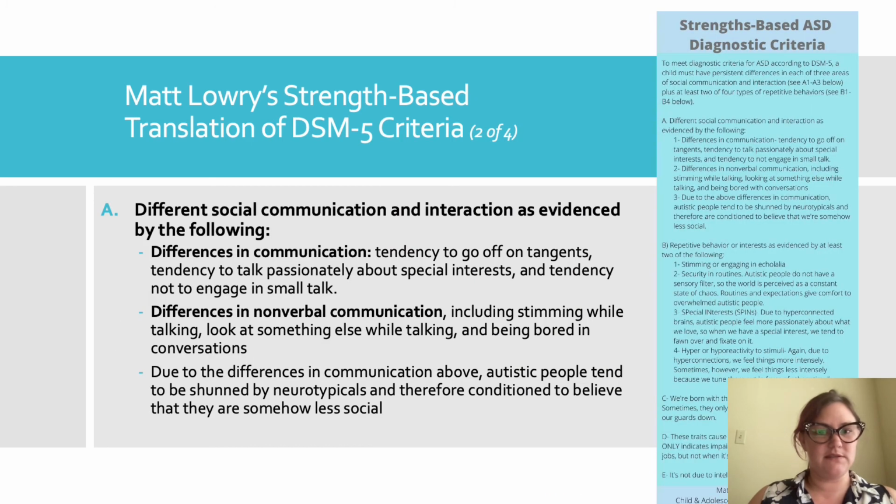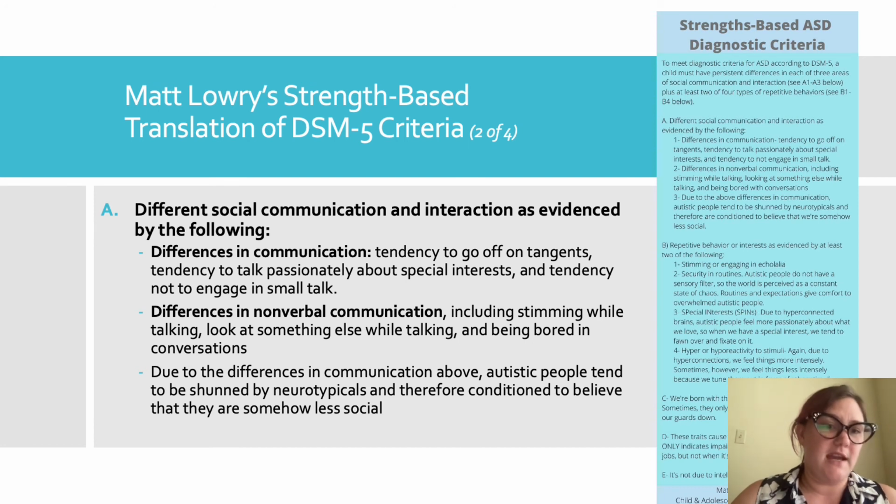So let's look at what Matt has come up with in his translation towards a strength-based definition of the DSM criteria. So he uses the same two categories and the same 5 criteria, but it's just written in a strength-based way.